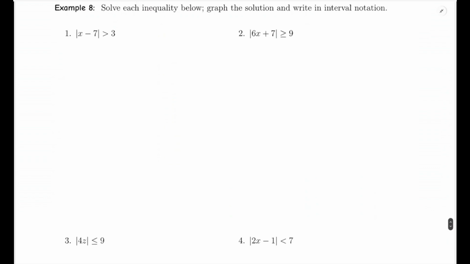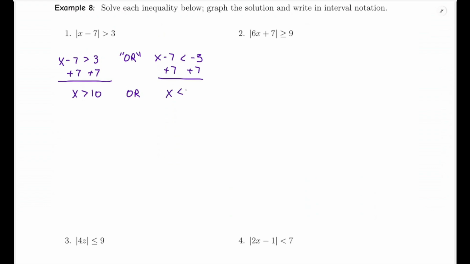And once the absolute value is by itself, you're going to rewrite it. So here we're going to have x minus 7 is greater than 3, or x minus 7 is less than -3. And now I solve these like we did in section 2.6. We get x greater than 10 or x less than 4. And now I'm going to graph them.